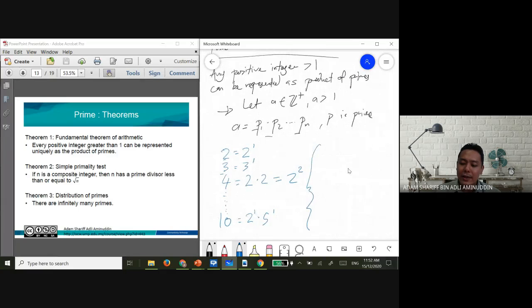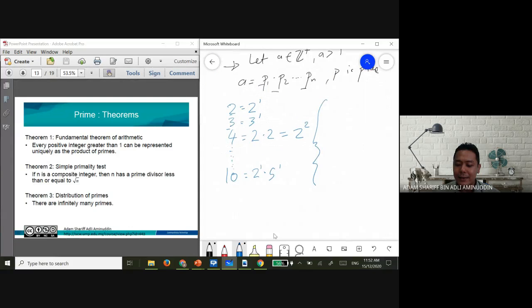One more thing to mention is that based on the fundamental theorem of arithmetic, it can be represented uniquely. You know, every positive integer is like there is an IC for them. Ada identity unique kepada mereka. When it says unique, if 10 is 2 to the power of 1 times 5 to the power of 1, there will never be another integer which is 2 to the power of 1 times 5 to the power of 1.